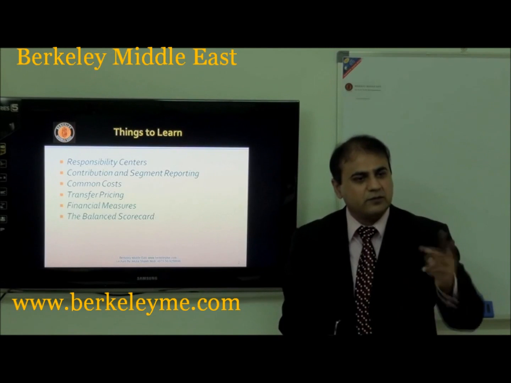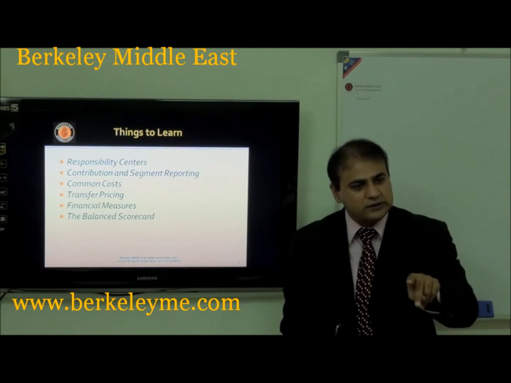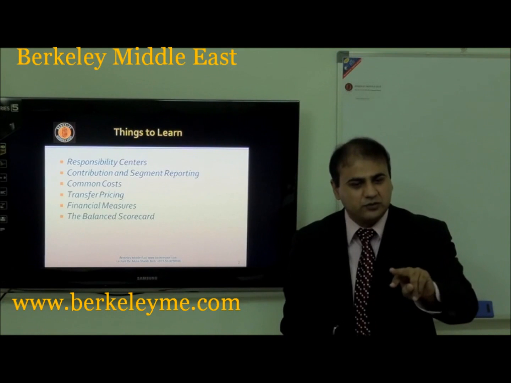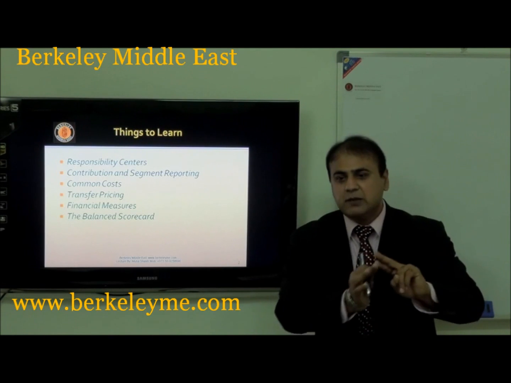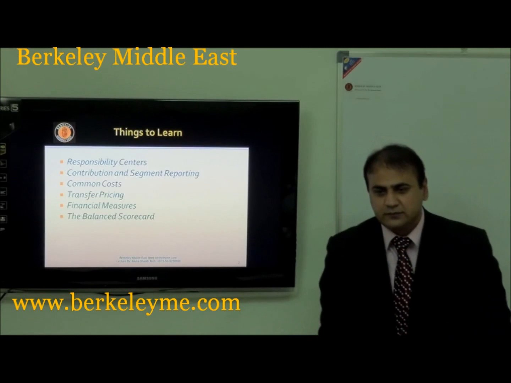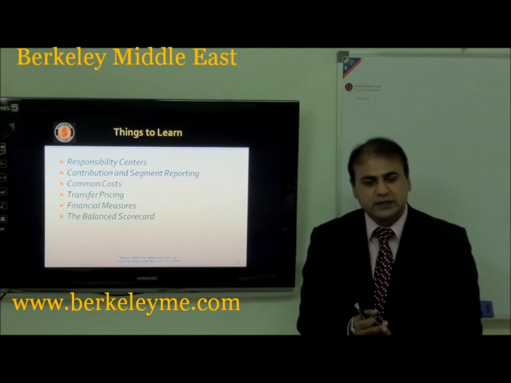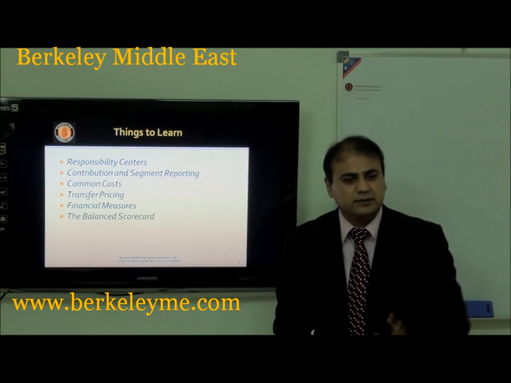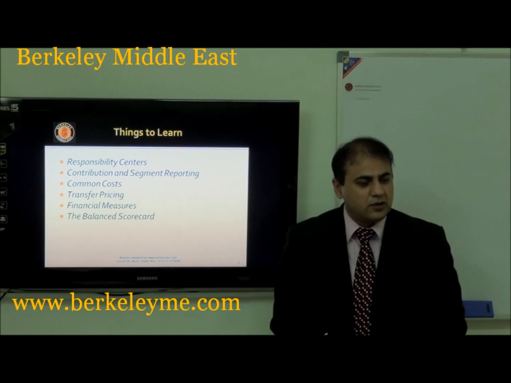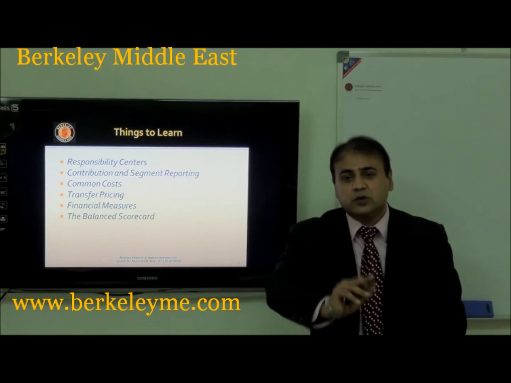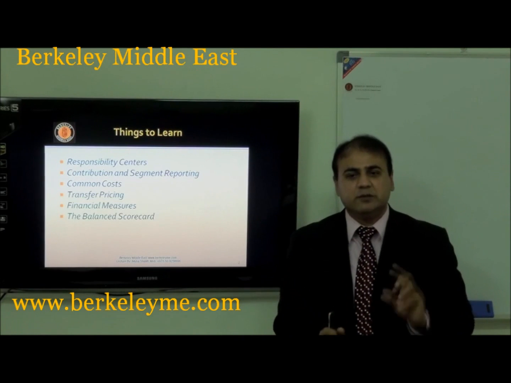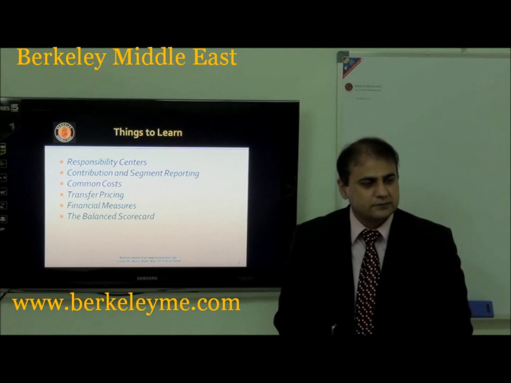If you will make him responsible for cost and income, revenue, so it will be a profit center. Because what is profit? Profit is income minus cost. Or if you make him only responsible for revenue, then this will be a revenue center.